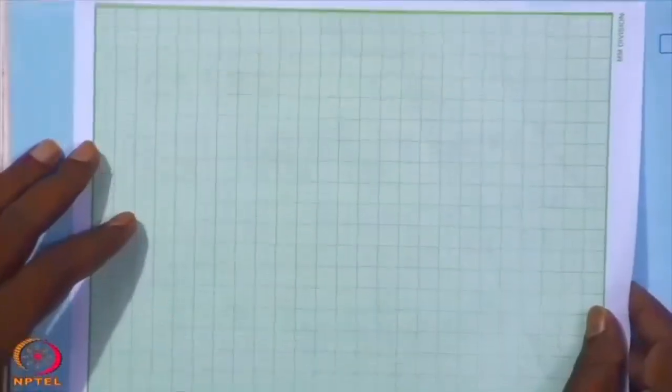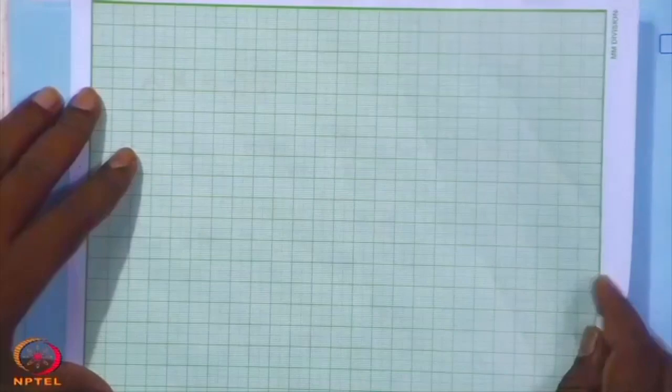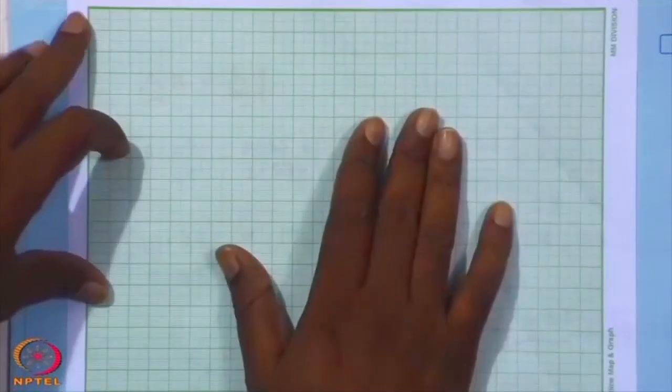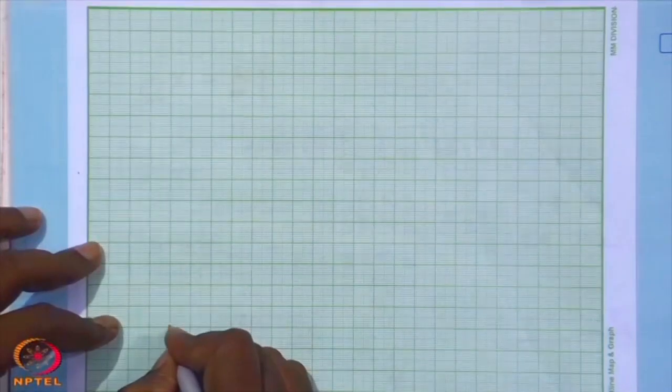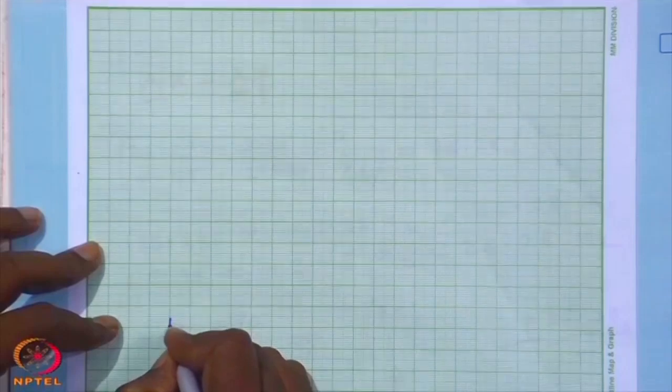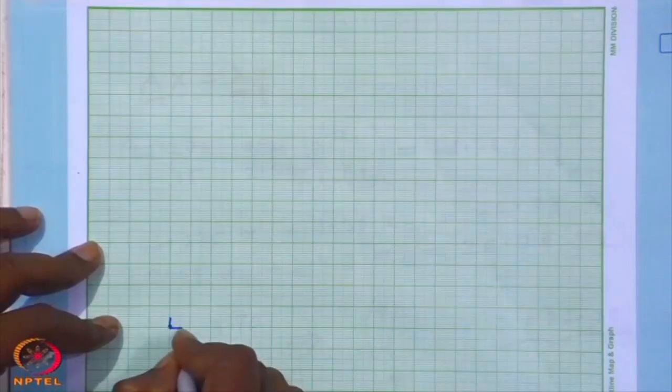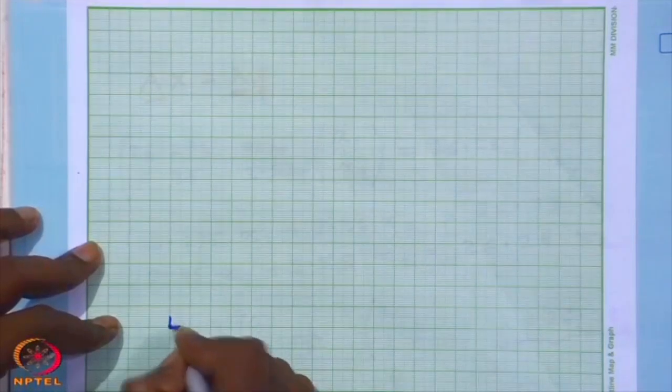Right. So, I will use a graph paper to do this job. Let us assume that we have the origin somewhere over here. This is our origin, and I will put these different feature vectors onto this graph paper.